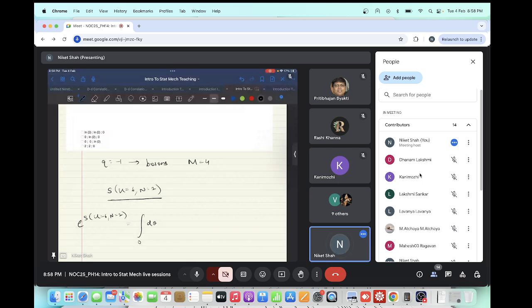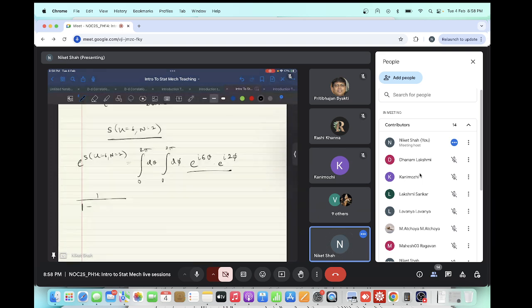And inside, it will be a multiplication of these factors. 4 steps and 2 particles, right? 1 divided by 1 minus e raised to power i theta j.